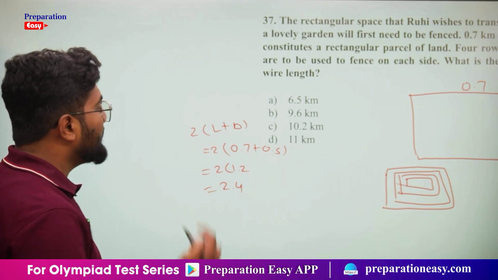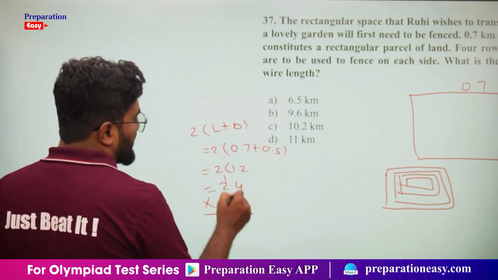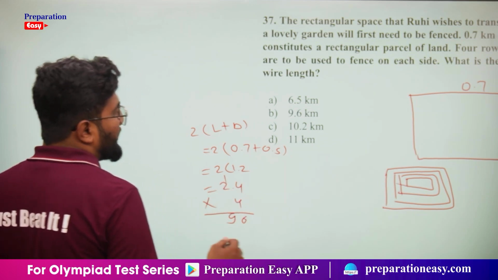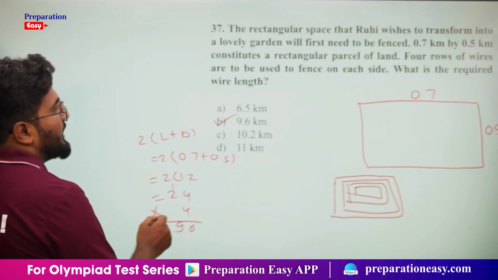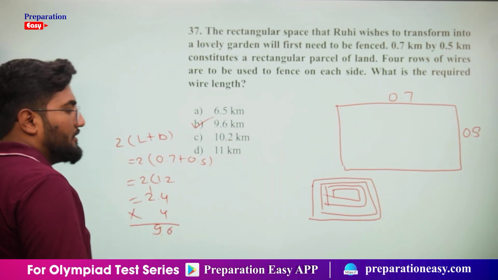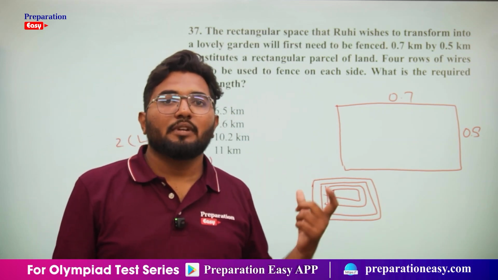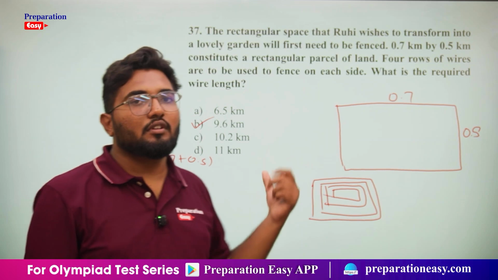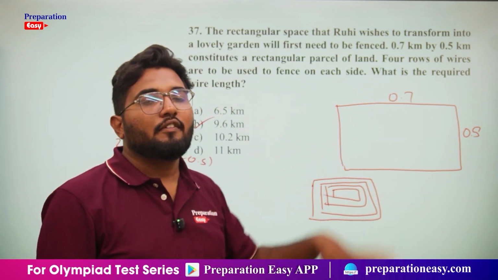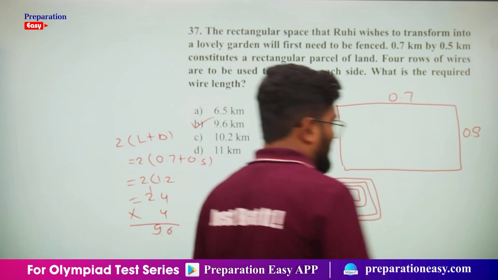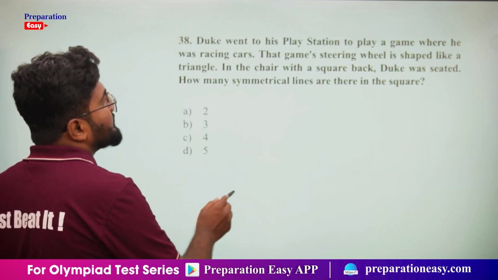We have to calculate for 4 such rounds, so multiply by 4. 4 times 4 is 16, 6 carry 1, 4 times 2 is 8 plus 1, 9. So the total is 9.6 kilometers. Distances are given in kilometers. So a total of 9.6 kilometers of wire would be required for fencing a rectangular garden whose length is 0.7 kilometer and width is 0.5 kilometer. Moving towards the next question, question number 38.